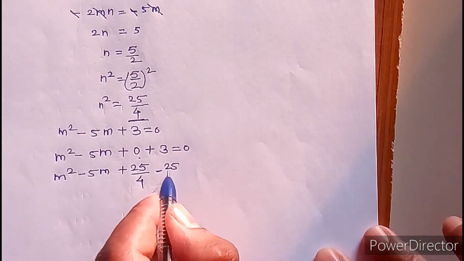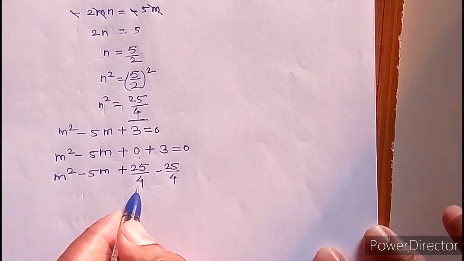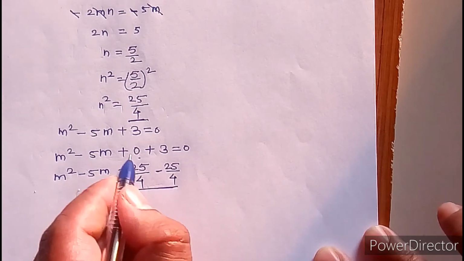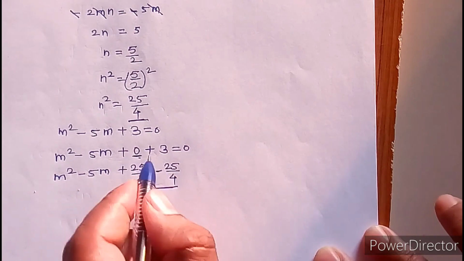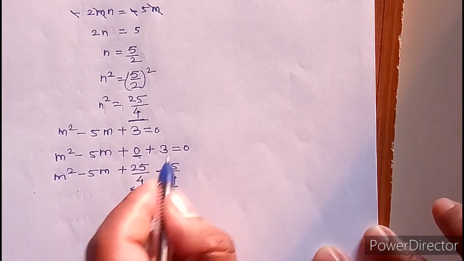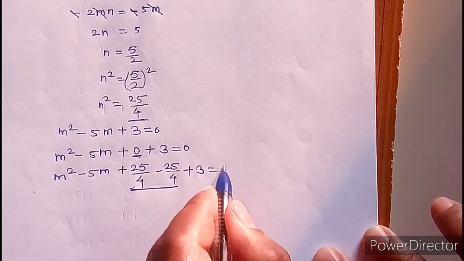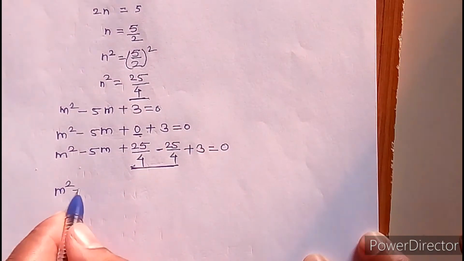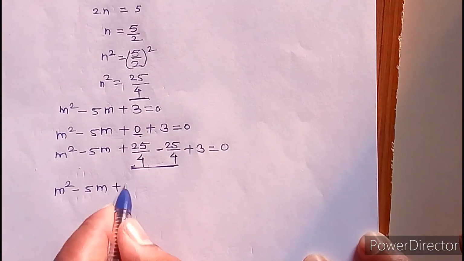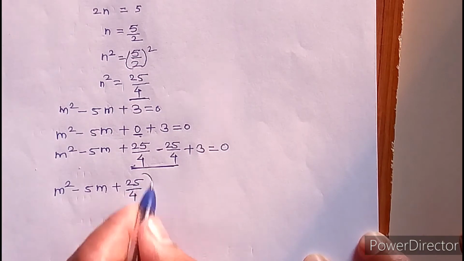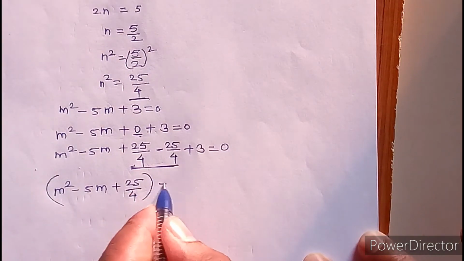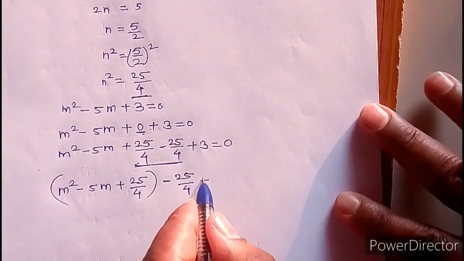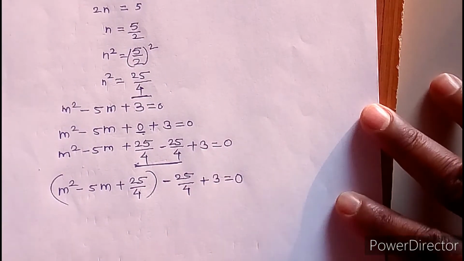Minus 25 by 4 plus 25 by 4 is 0. Therefore we are substituting this value, plus 3 as it is equals to 0 also as it is. Now here you can see that m square minus 5m plus 25 by 4, in bracket write down minus 25 by 4, plus 3 equals to 0.